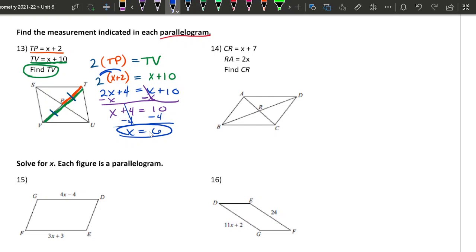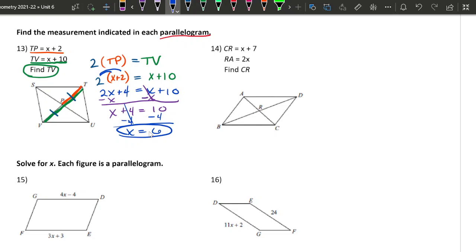All right, so x equals 6, but it doesn't say solve for x. It says solve for TV. And make sure on the test you pay attention to whether you're solving for the side length or angle or if you're asked for x. Because don't just stop. If I was making the test, which I do, and this was multiple choice, I would probably put 6 as a multiple choice answer just to see if you're paying attention.